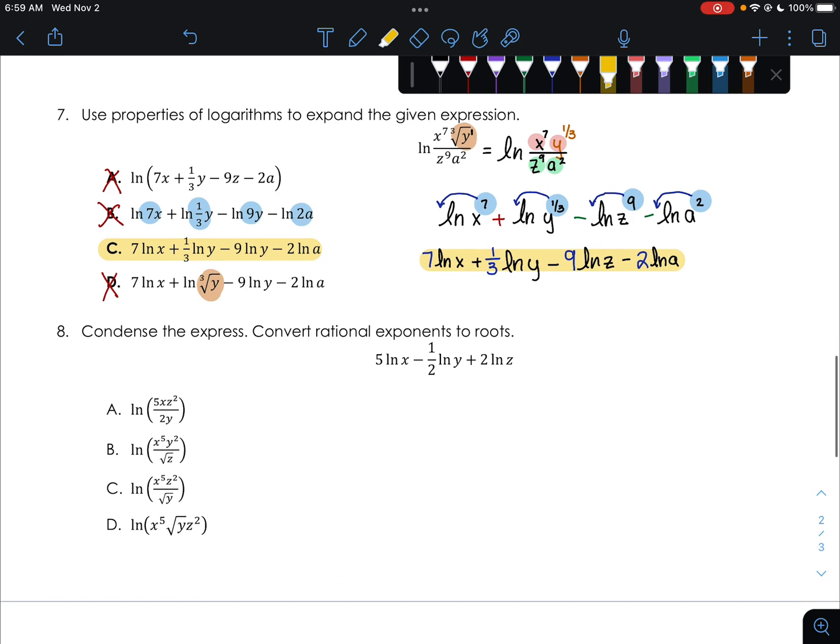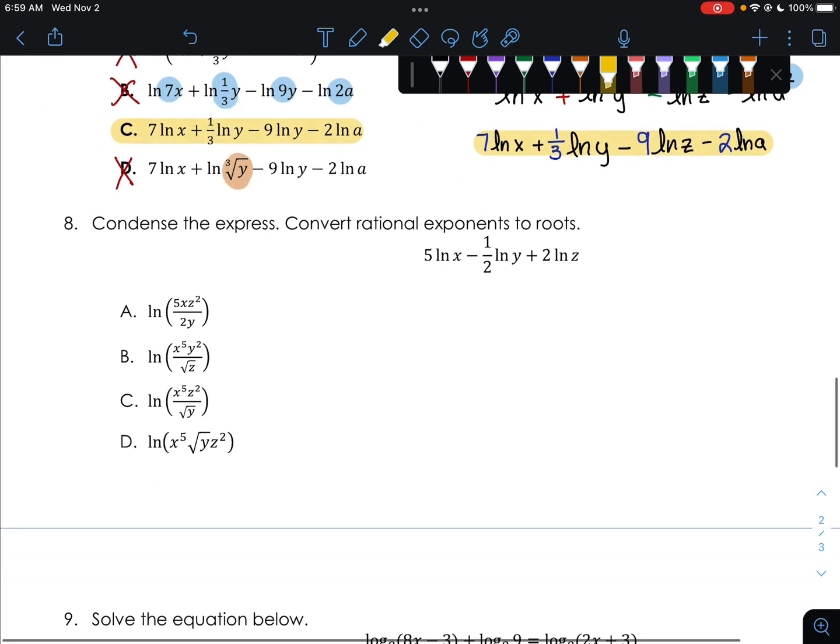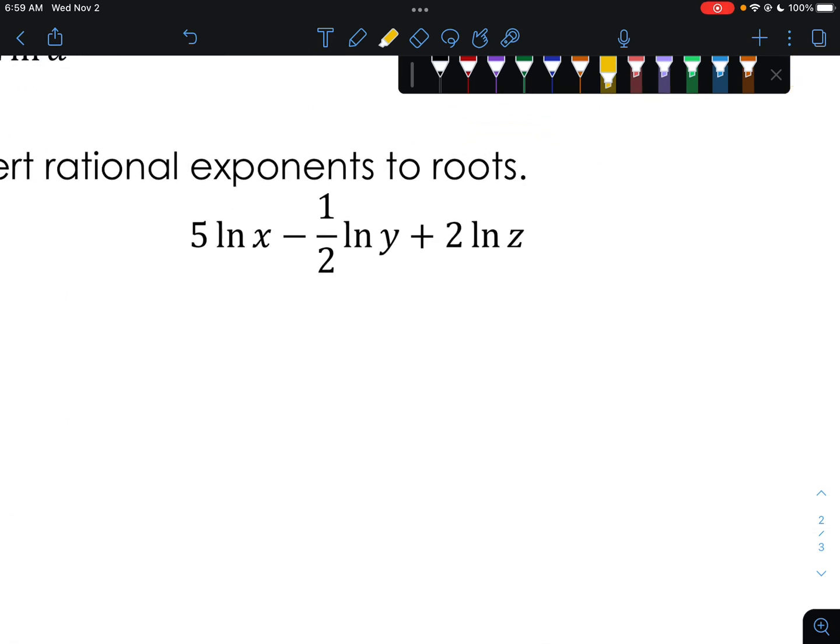Now, looking at question number 8. Condense the expression, convert rational exponents to roots. Okay, so first thing we're going to do is just work backwards on what we just did. So we start with the numbers out in front.